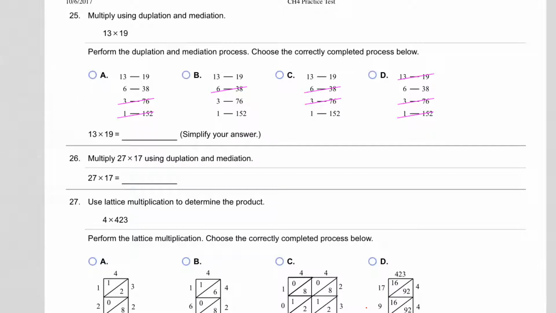So the only even number that we have is 6, and so this would be the correct response. And then from this, you just add up your remaining numbers on the right side. So that's 247.